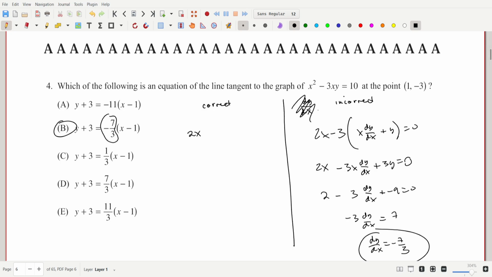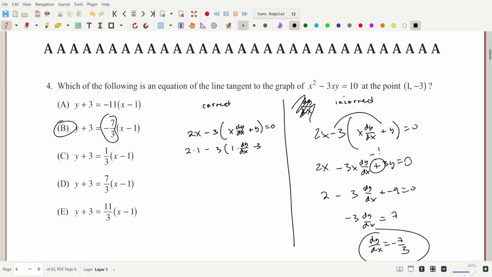So 2x minus 3 times x dy/dx plus y equals 0. Pretty confident about that one. Then 2 times 1 minus 3 times 1 times dy/dx minus 3. Yeah, negative.